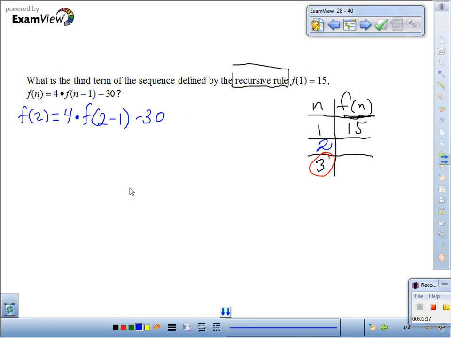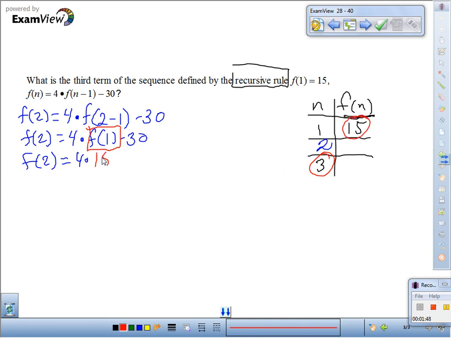Therefore, f of 2 equals 4 times f of, what is 2 minus 1? 1 minus 30. We need to substitute whatever f of 1 is. What is f of 1? 15. It goes right there. Minus 30. F of 2 equals, what is 4 times 15? 60 minus 30, and that is f of 2 equals 30.